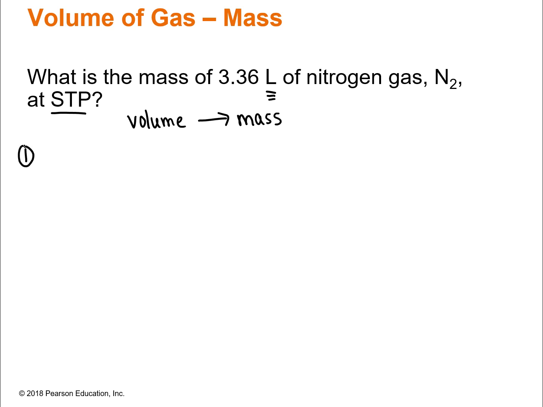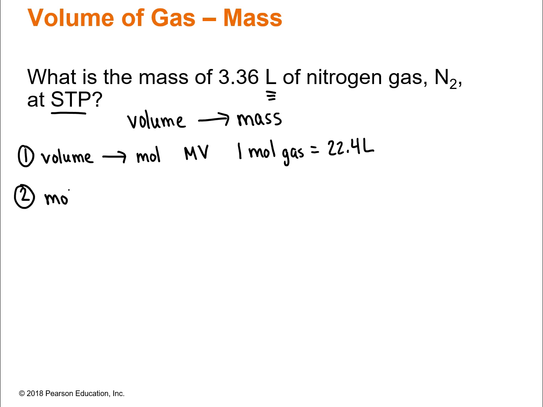The first thing you're going to do is take that volume and convert it to moles the same way we did before. That's with the molar volume. And we say that 1 mole of gas has the volume of 22.4 liters. Now we've got to go from moles to mass.